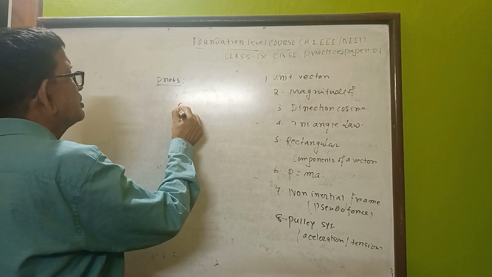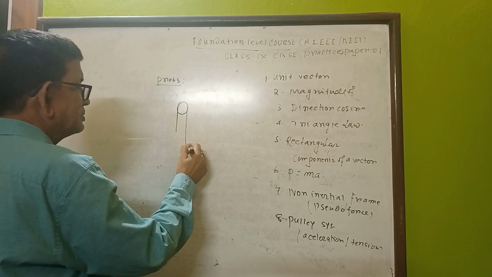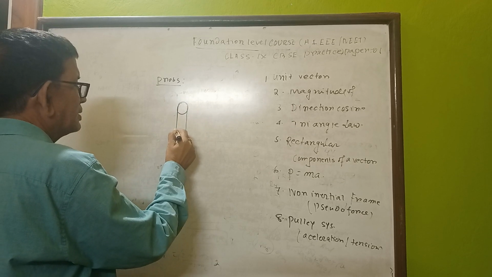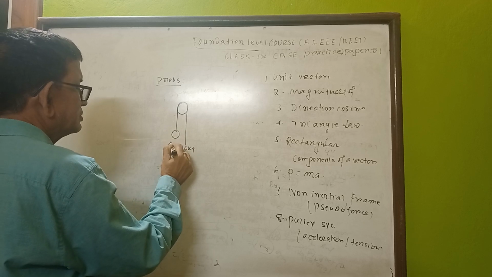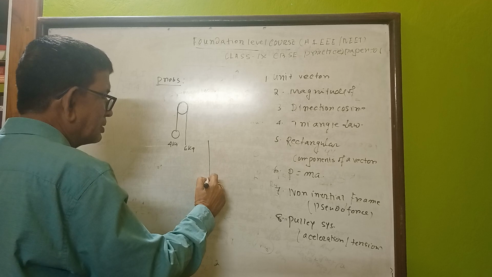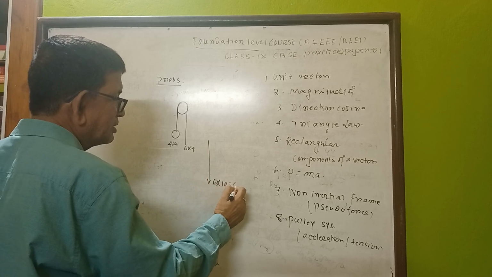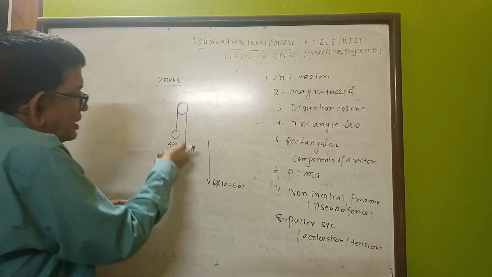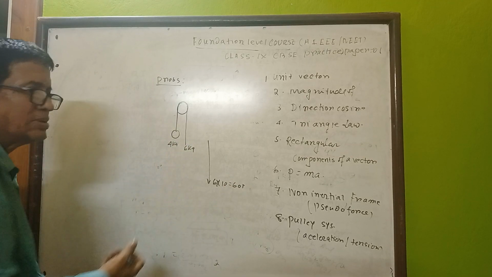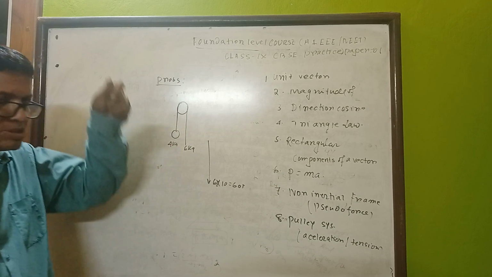I am giving you two bodies, 6 kg and 4 kg. The 6 kg body gives a downward force of 6 into 10, 60 Newton, pulling the 4 kg body downward.